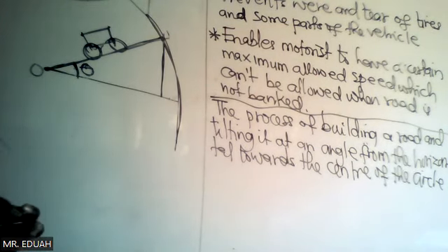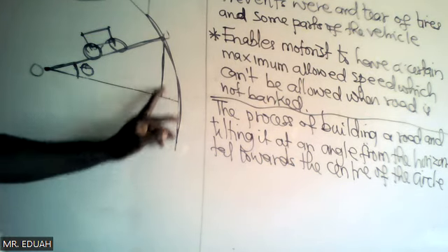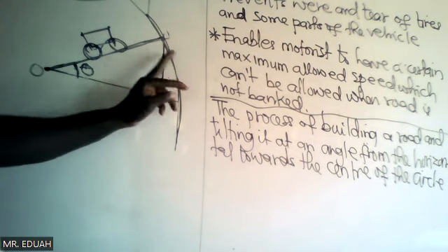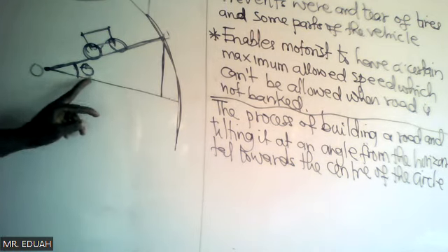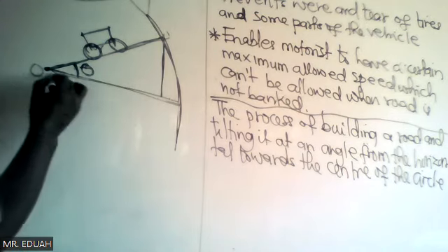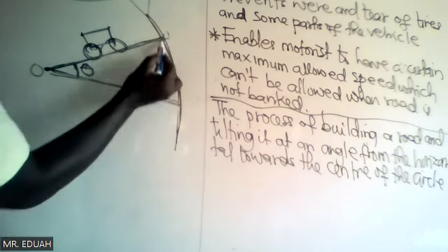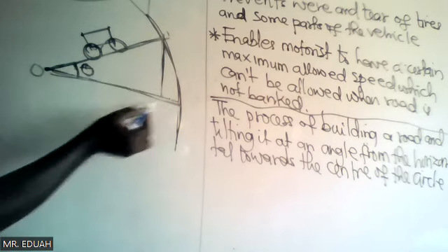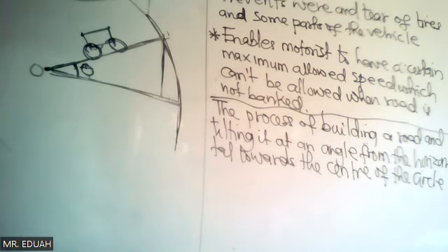Others also define it as building a road and then raising the end of the road through an angle towards the center. So this is when the road is flat. But when the road is built in such a way that the end is raised, and as a result makes an angle towards the center, that is banking.